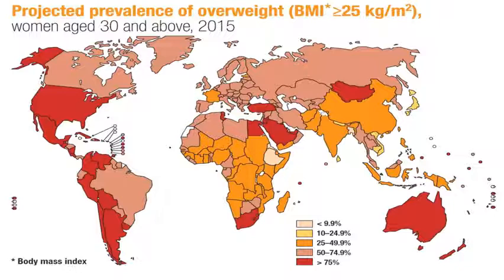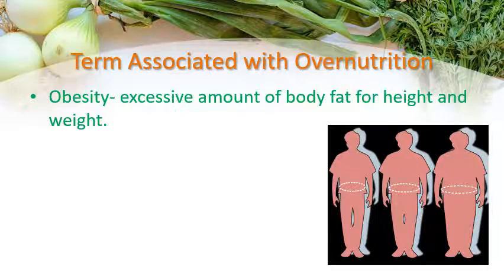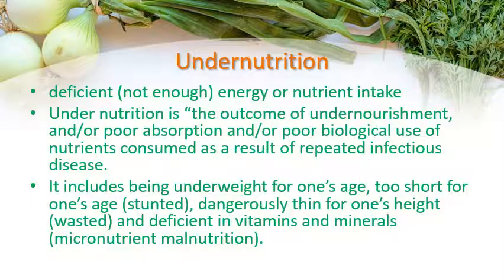You will notice that the United States is featured in red, which states that of women ages 30 and above, 75% of those women have a BMI that would categorize them as being overweight. Obesity is an excessive amount of body fat for an individual's height and weight.